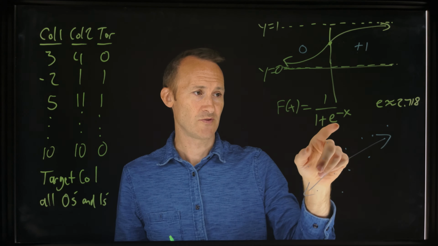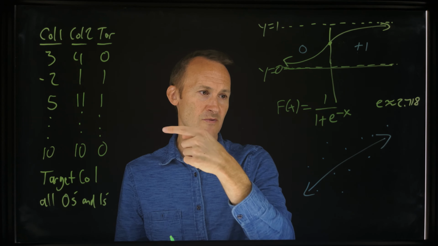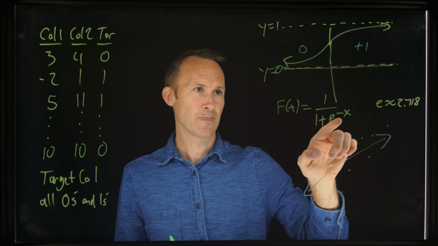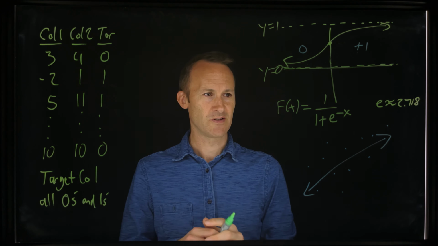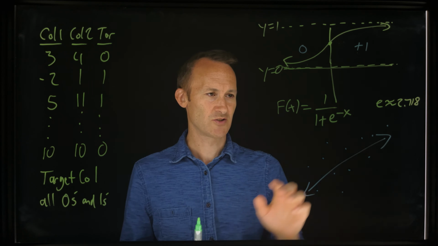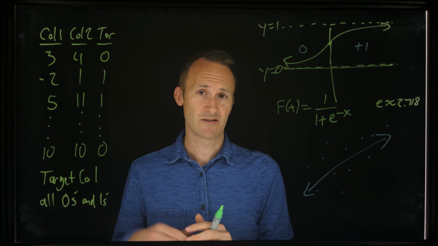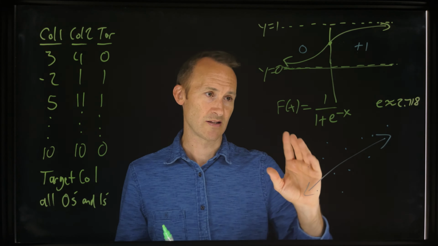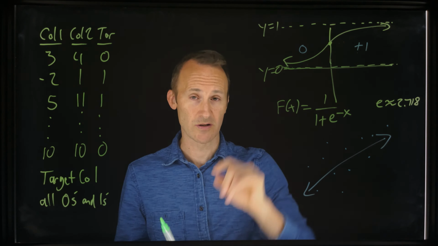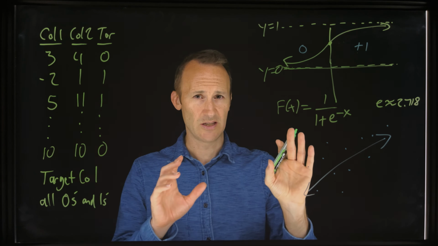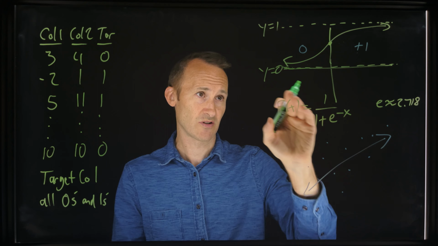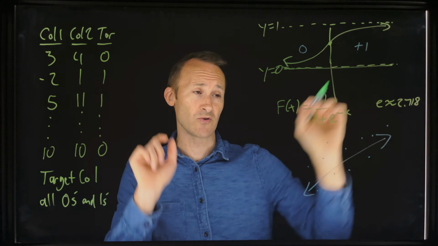Whereas if you put in an extreme negative, let's see if this works out right. If you put in an extreme negative, this becomes an extremely high positive, like 1 plus 10 zillion or something. And then 1 over that is actually 0. So I'm just trying to give you an indicator, which is confusing if you haven't had limits or calculus, of how this will work in the extremes.